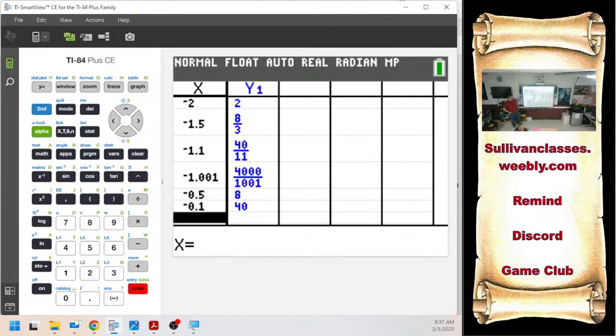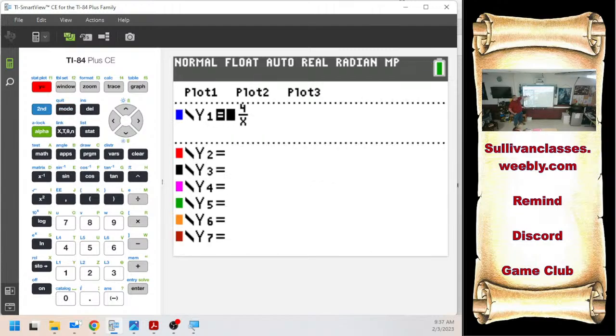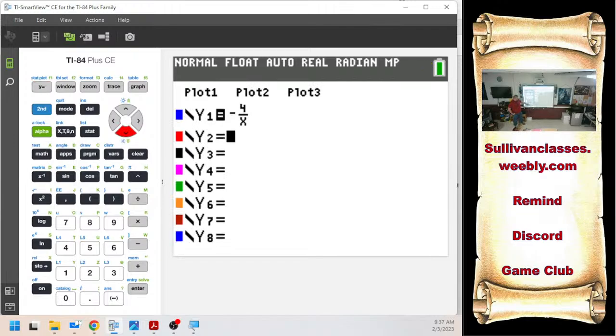Okay, I can see as I come at it from both sides. Now maybe it's a little harder with the fractions on there. If you want, go into mode. You can switch your fraction answers to auto or decimal. Auto means I typed it as a fraction, it'll write it as a fraction. Or just to prove to you that they're the same thing, I'll write the next one as a division problem, -4 divided by x.